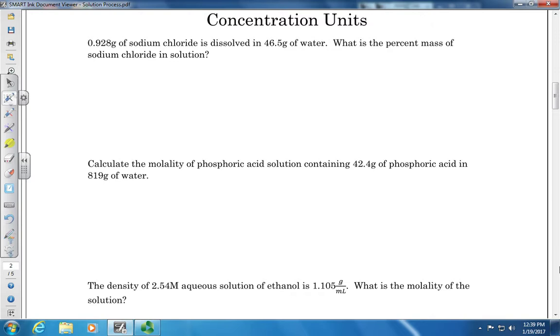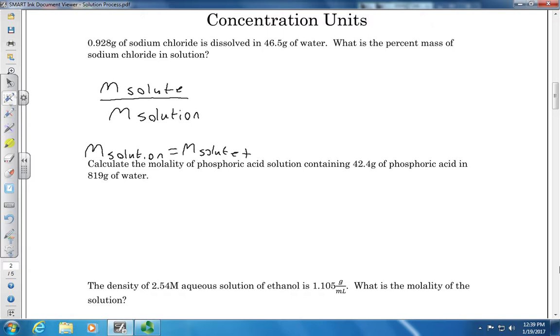All it is, is the mass of the solute over the mass of the solution. It's important to recognize that we're dealing with the solution and not the solvent. You can see the mass of solution as equaling the mass of the solute plus the mass of the solvent.